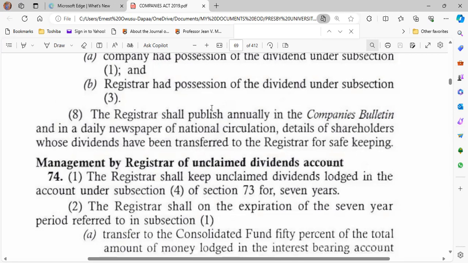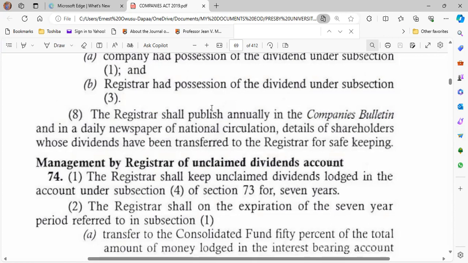Or is it the case that despite the regime established under Section 73 for handing over unclaimed dividends to the Registrar of Companies for safekeeping, that provision has not been triggered, has not been activated? Is that the case?